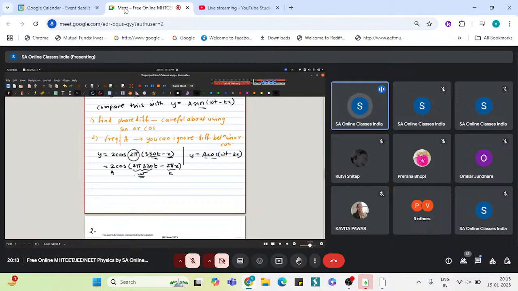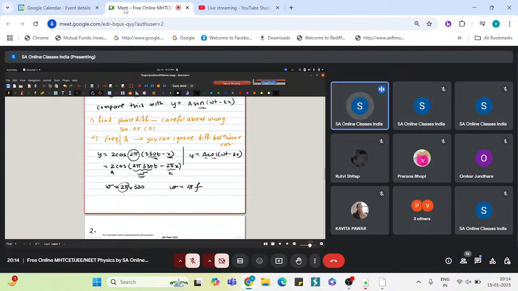We need to find frequency, and that will come from omega. So omega is equal to 2 pi into 330. Frequency we know is omega upon 2 pi, so omega is actually equal to 2 pi into frequency. Very conveniently 2 pi is separate, so we don't even need to do any calculation.